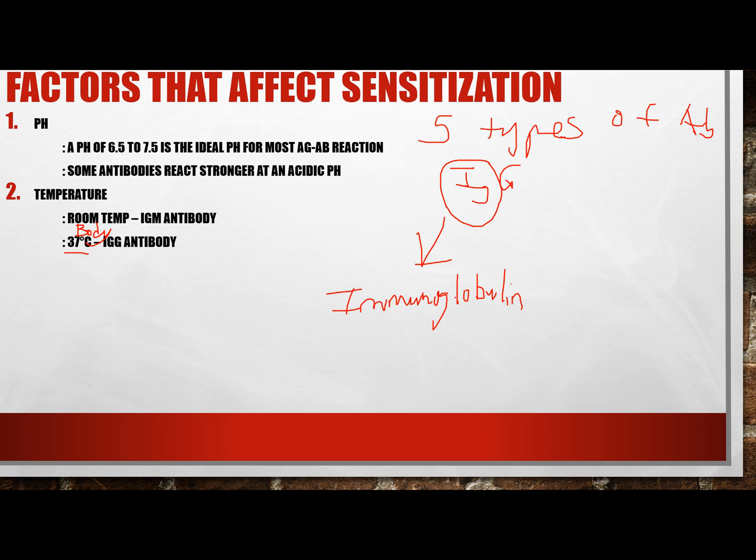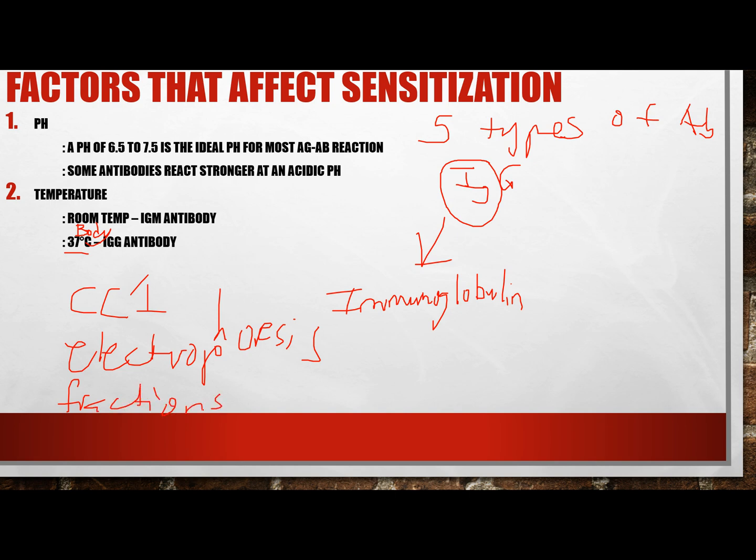That's why it's called immunoglobulin, if you remember in your clinical chemistry. In your CC1, you have different types of protein. If your protein undergoes electrophoresis, it would be separated into different fractions.